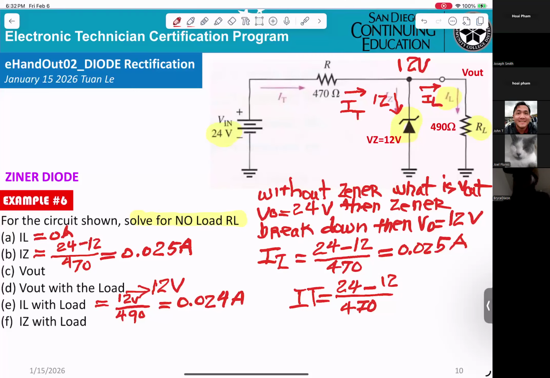Okay, 0.025. When they go into the, let's see, you get IL 0.025. Okay, and that is the total here.